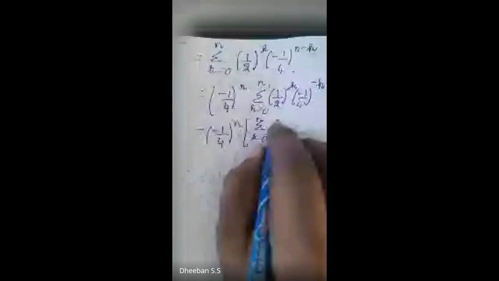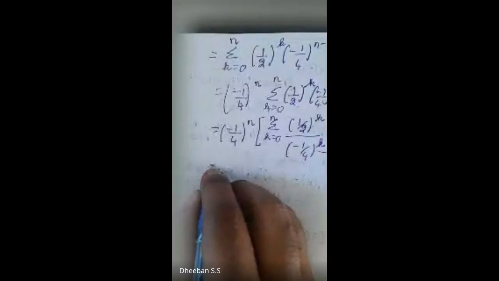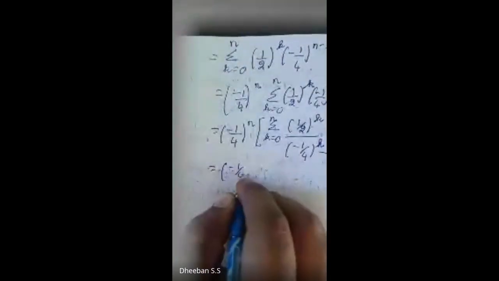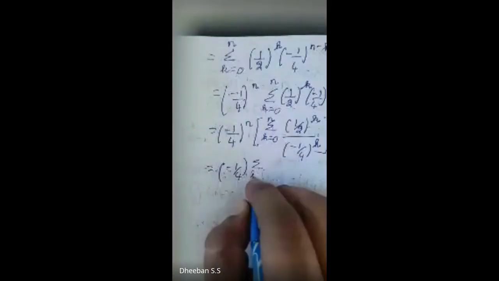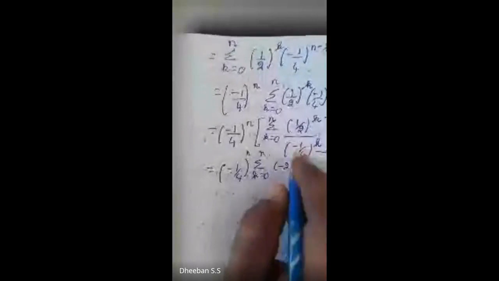So now minus 1 by 4 the whole power n times summation k equal to 0 to n of 1 by 2 the whole power k by minus 1 by 4 the whole power k. On simplification, this will be minus 2.